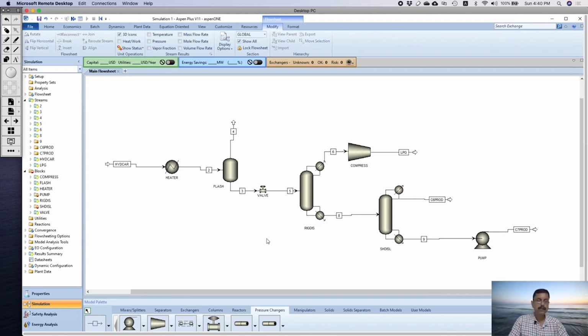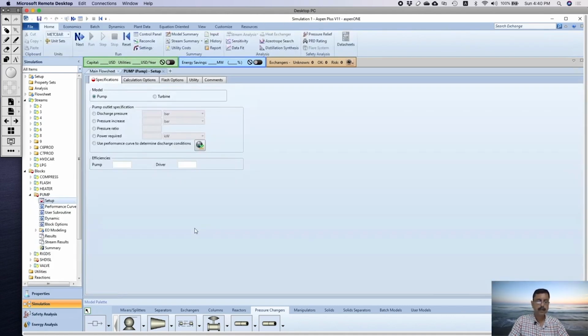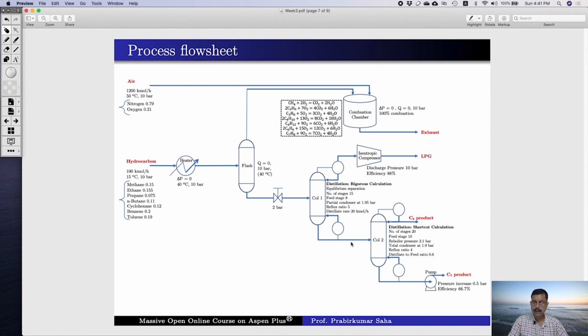Okay, so let us press next. Yeah, it is asking for pump. It could ask for the distillation only also, but distillation, as it starts with S, so it comes later. Pump comes first, P comes first, so it is asking for pump specifications. So let us see.